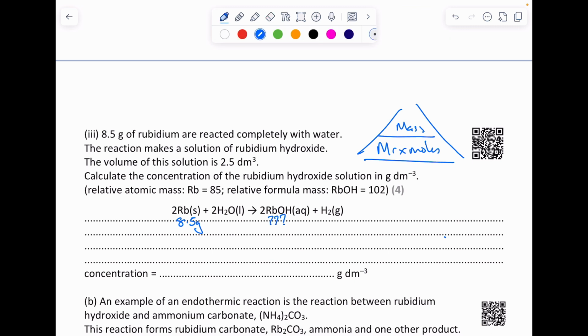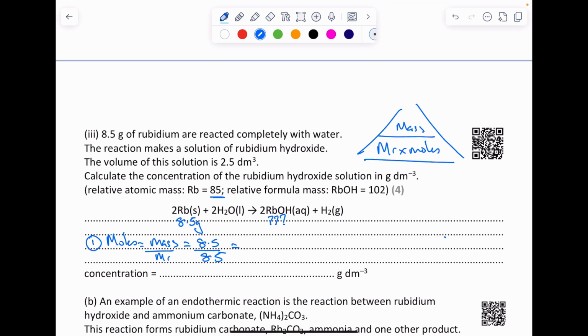This is a slightly different question, and we've got to think on our feet a little bit here. So first job, I'm going to convert the 8.5 grams into moles. So according to my triangle, moles is the mass divided by the MR. So the mass is 8.5 and the MR, we're told here, is 85.